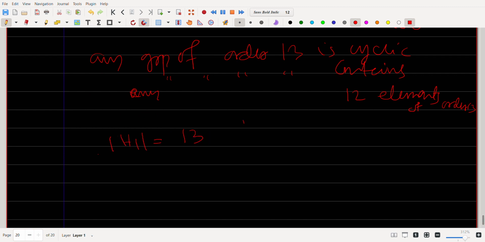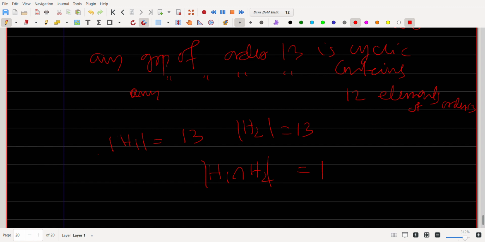That means if H1 has order 13 and H2 has order 13, then H1 intersection H2 must have order 1, because otherwise it has to be 13, since that divides both. So H1 intersection H2 has order 1.